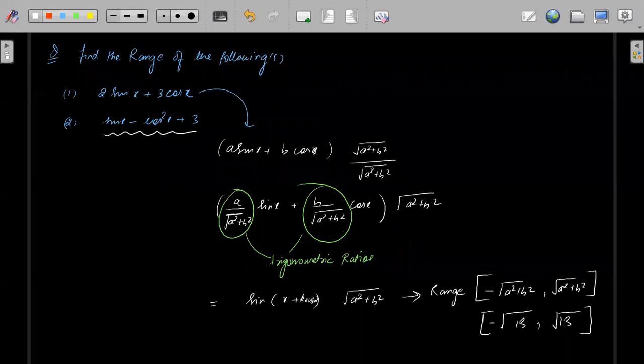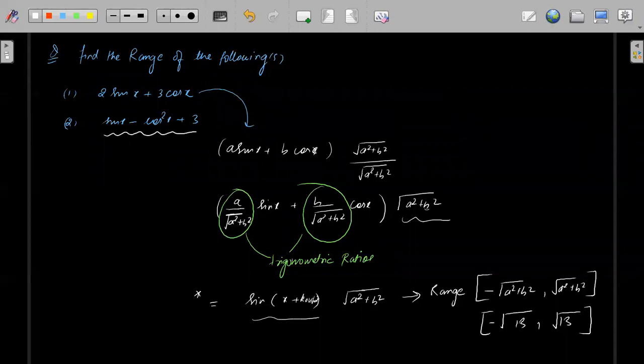Which step are you not able to follow? The third step. This step. So what we have done is converted this into sine of x plus some phi, because we know this will be cos of something and this will be sine of something, so this will become sine of x plus something, which will be multiplied with root of a square plus b square.